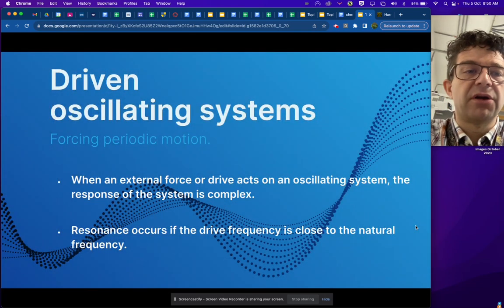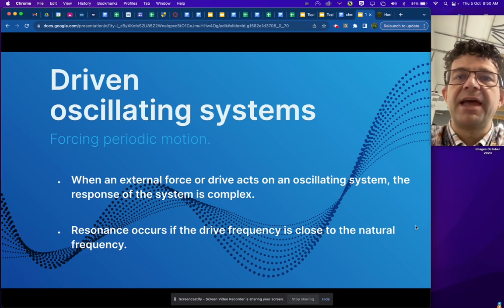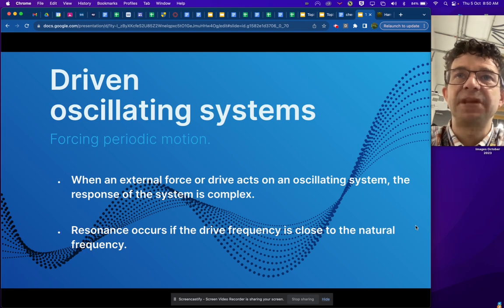The second part of the forced motion involves driven oscillating systems. This is where instead of having a system that is started and continues to oscillate for a long period of time or is heavily damped, there's a constant forcing of the periodic motion by an external force that is periodic.